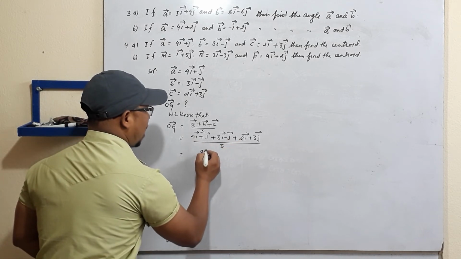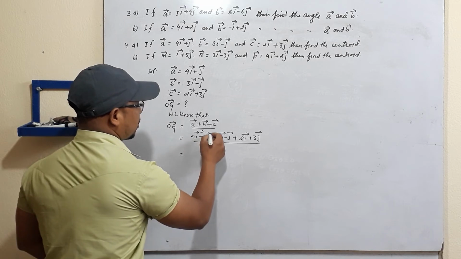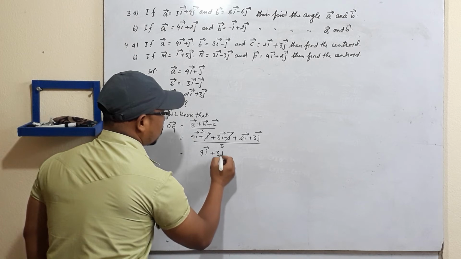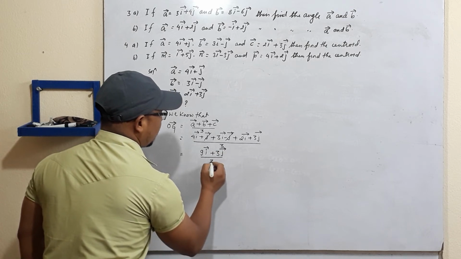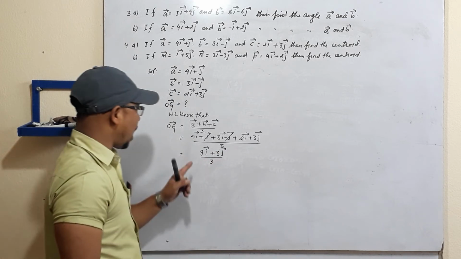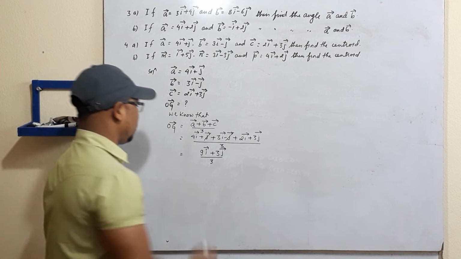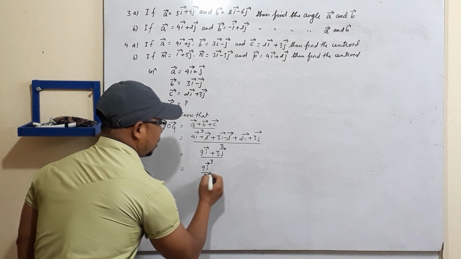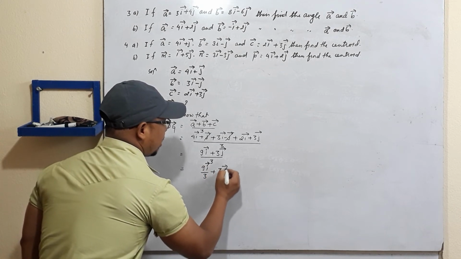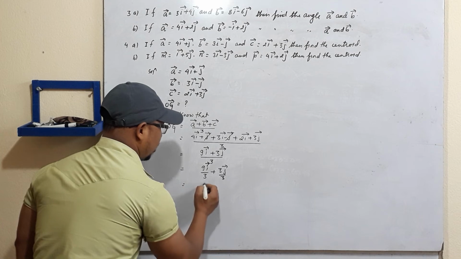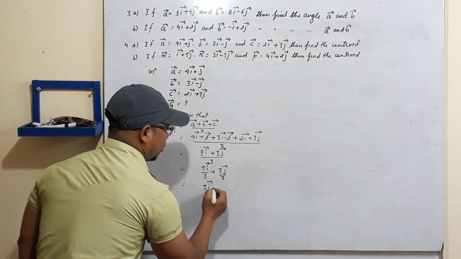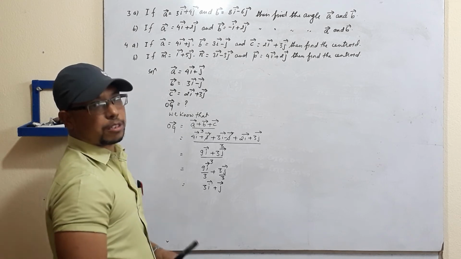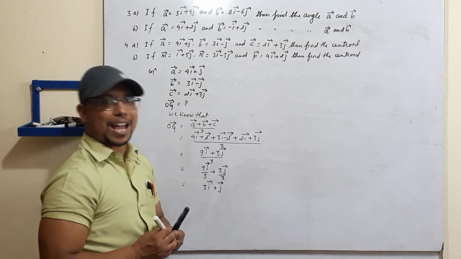This is 9i vector, and plus j minus j you can cancel, and the left is plus 3j, so plus 3j vector whole divided by 3. Now let's separate them. This is 9i by 3 plus 3j by 3. Finally you get 3i vector plus j vector. So the centroid is 3i plus j vector, which is the answer.